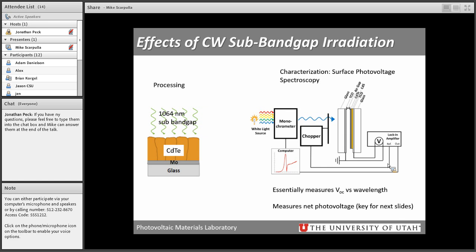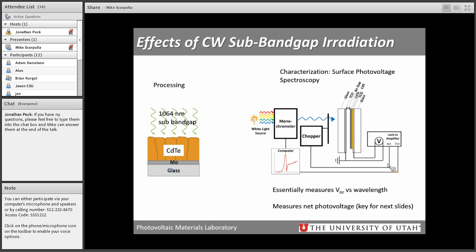For characterization, we used surface photovoltage spectroscopy. And without going into the nitty-gritty details, I want you to think of this as sort of a spectrally resolved VOC measurement, a non-contact VOC. We're actually using the capacitive coupling between the sample and a transparent conductive oxide layer on a separate piece of glass.